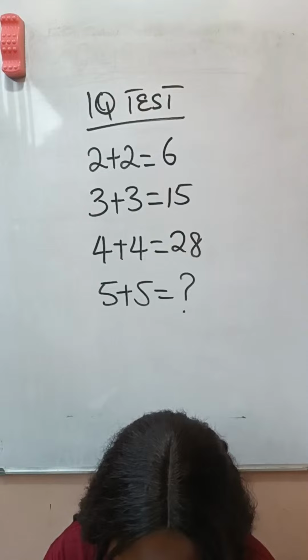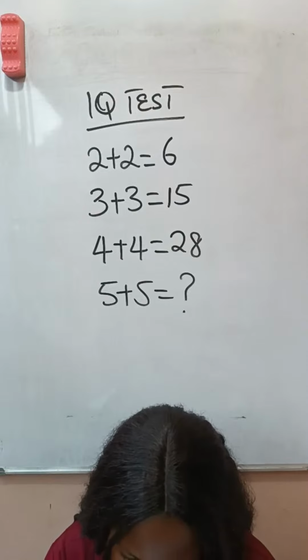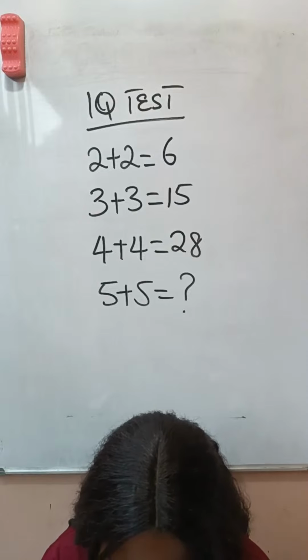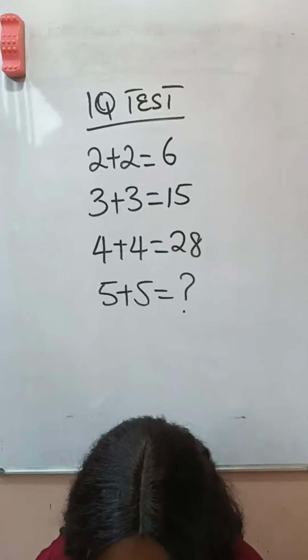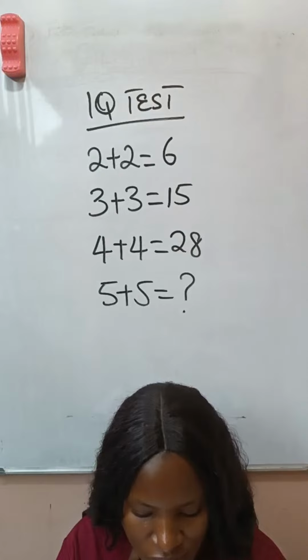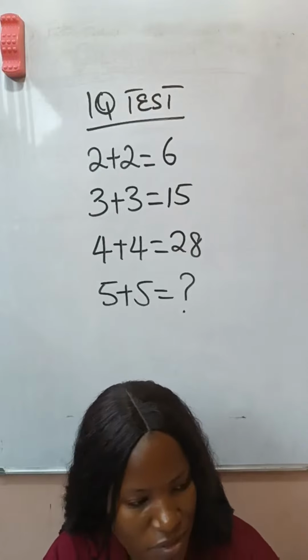If 2 plus 2 is 6, 3 plus 3 is 15, 4 plus 4 is 28. What is 5 plus 5?